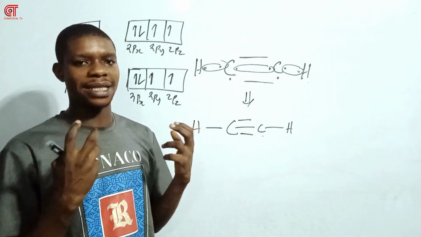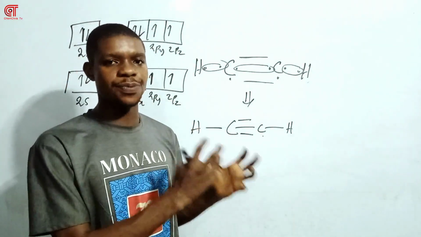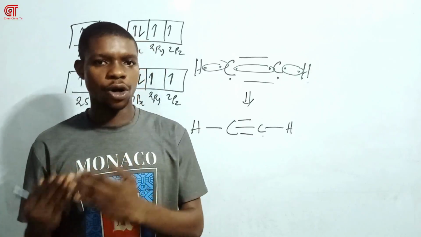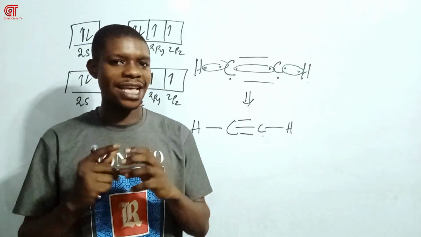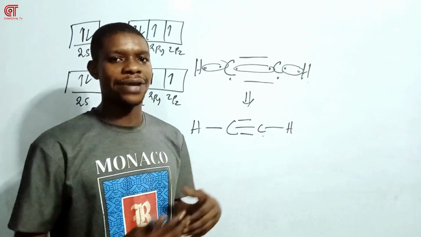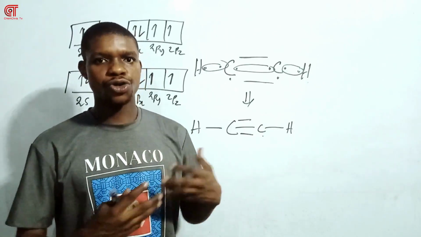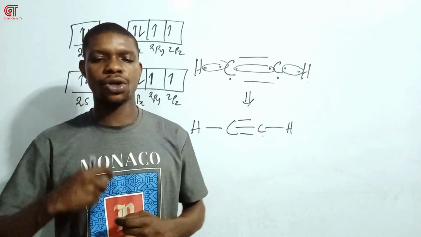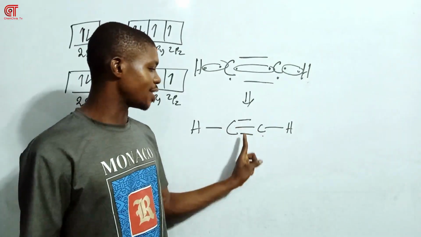So what you want to keep in mind is that in the sp hybridized orbital, carbon uses just two of the valence electrons in bonding. So the remaining two will now result in a double bond and a triple bond.